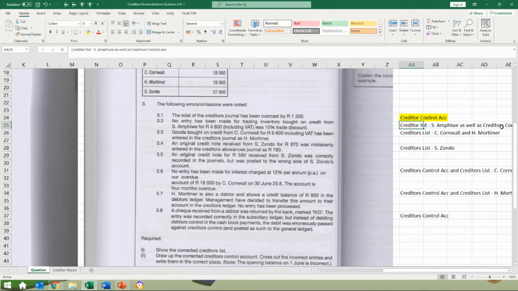Now this is also a purchase that has happened, but now what is important is there was a trade discount. Now remember, when we have a trade discount, we need to adjust the purchase for that trade discount before capturing that amount.